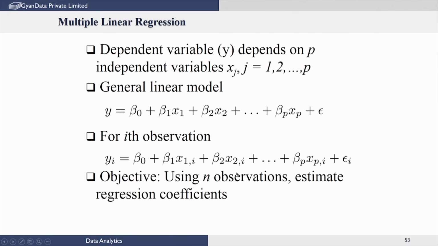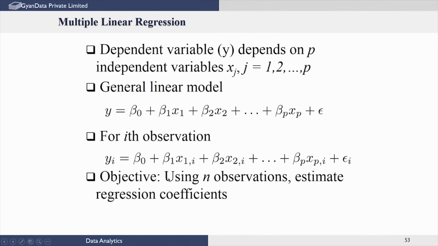We assume we have small n number of samples that we have obtained and our aim is to find the best estimates of beta naught, beta 1, beta 2 up to beta p using these n sample measurements of x's and corresponding y.